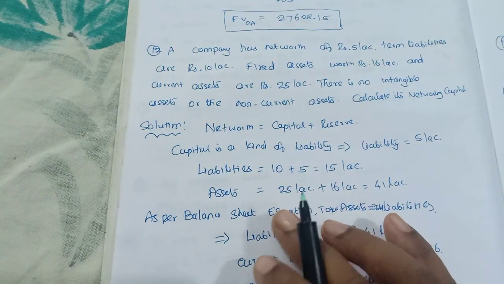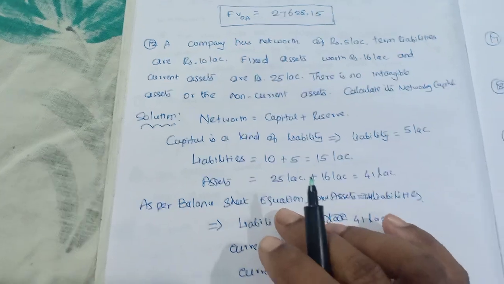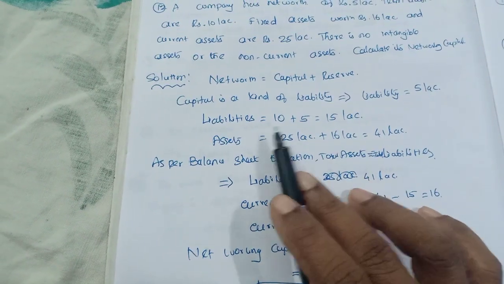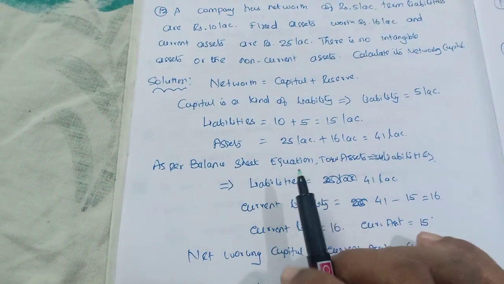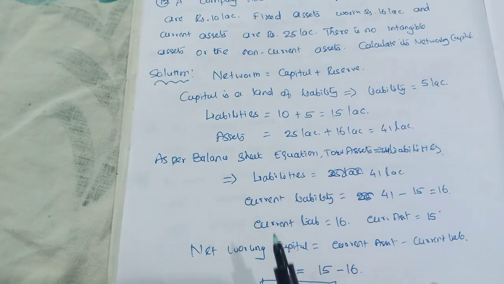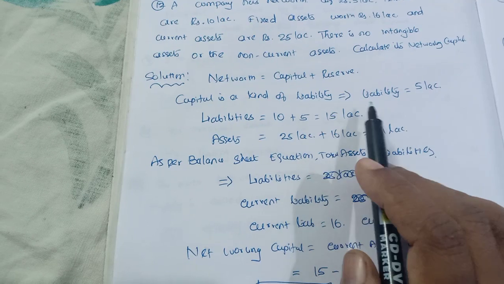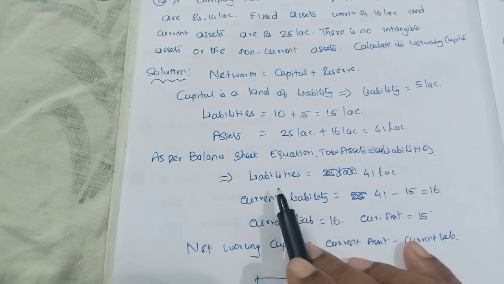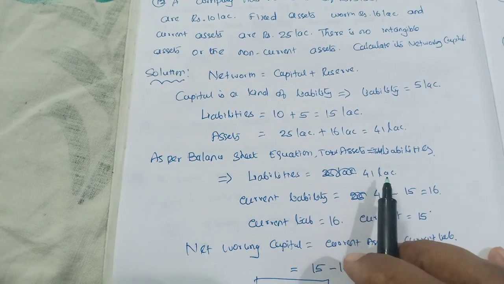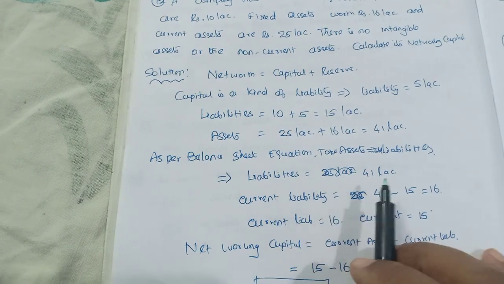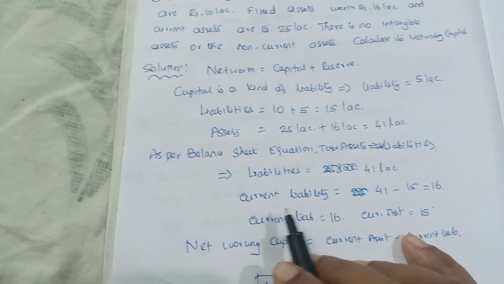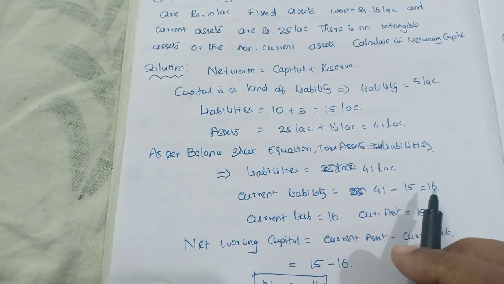But we know very well that assets should be equal to liabilities. So liabilities should be 41 lakh, but it is 15 lakh. What is left here is only the current liability. So current liability is 41 minus 15, which is 26 lakh.